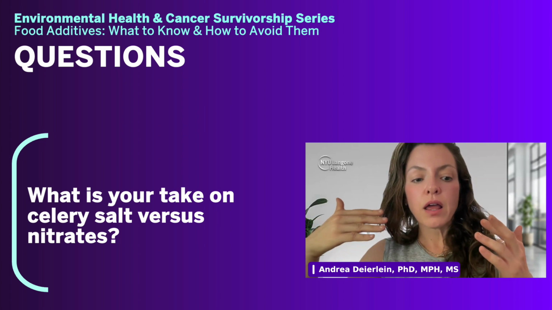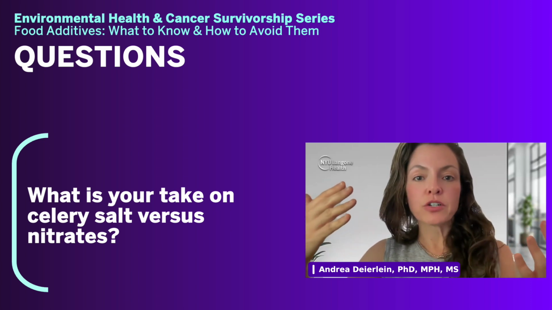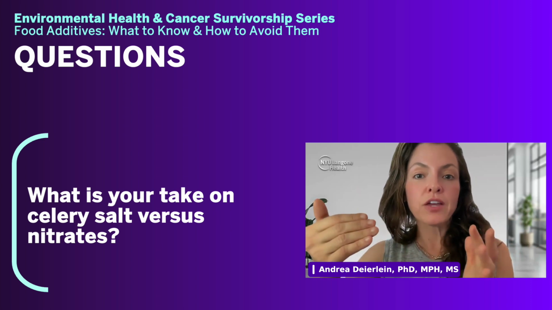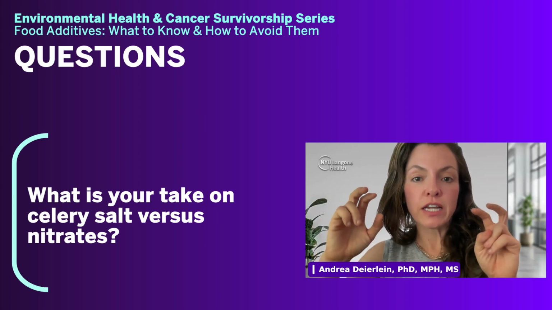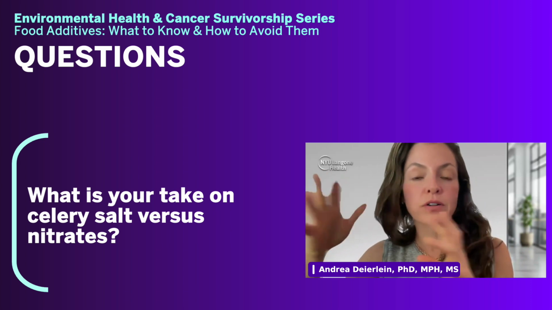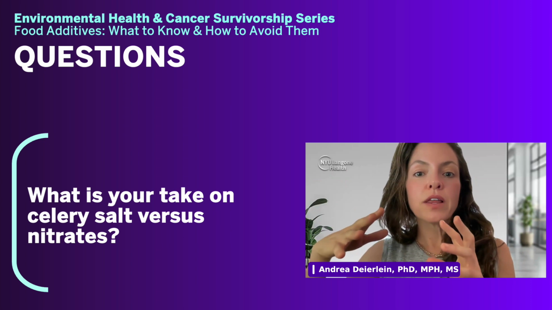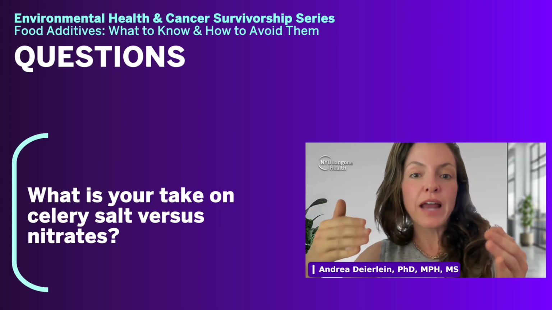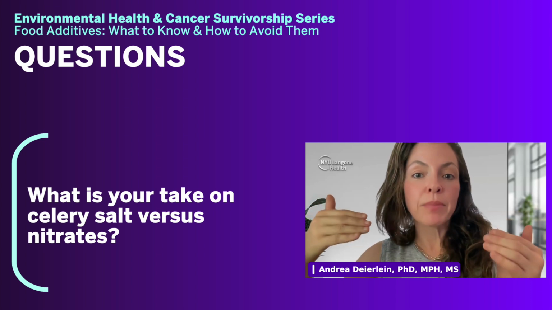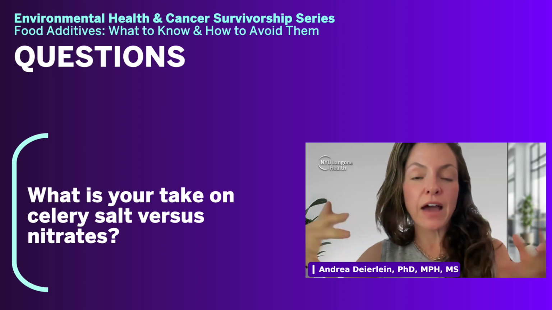So I believe the food manufacturers have removed sodium nitrate, and what you might see on a package is naturally occurring nitrates from celery powder, celery salt. The issue is that this still would have the same effect in the body, because it's based on the metabolism of the nitrates and how they're being consumed.